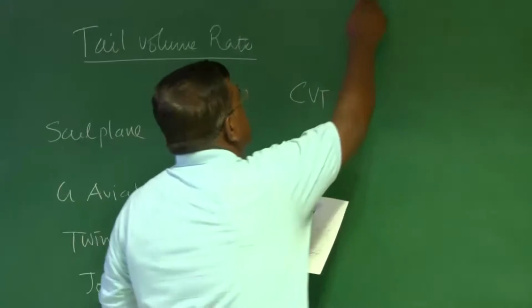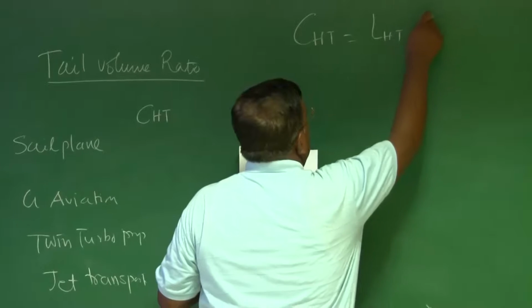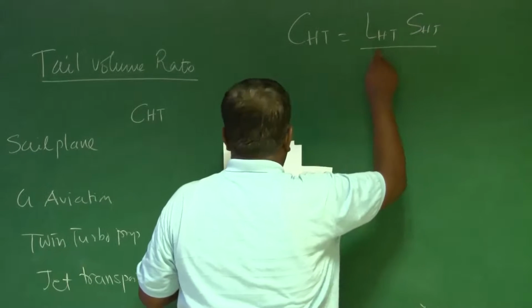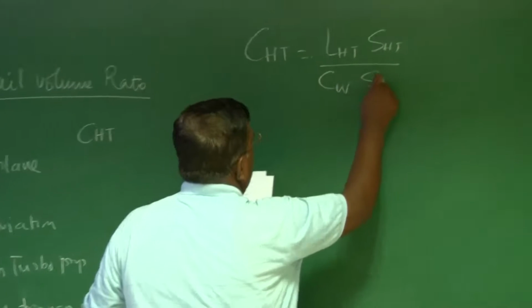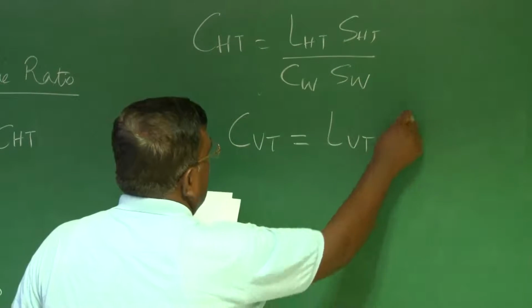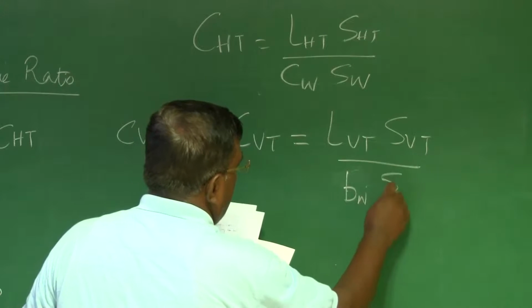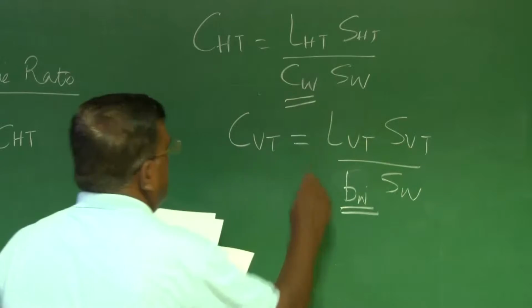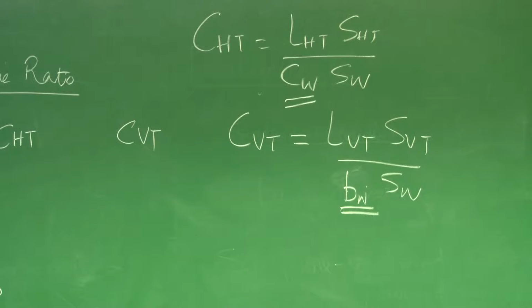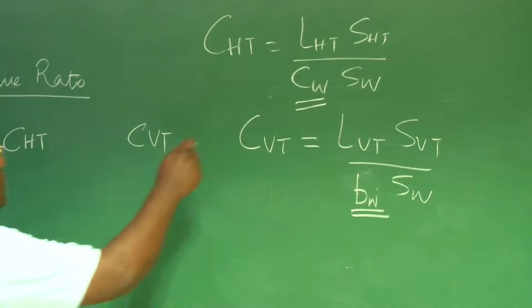We define CHT as LHT SHT by C wing S wing, and CVT, the vertical tail volume ratio, as LVT SVT by B, the span of the wing, SW. Please note this, the vertical tail volume ratio is non-dimensionalized with span, in contrast to the horizontal tail volume ratio, where we try to non-dimensionalize using chord, the mean aerodynamic chord, more precisely.